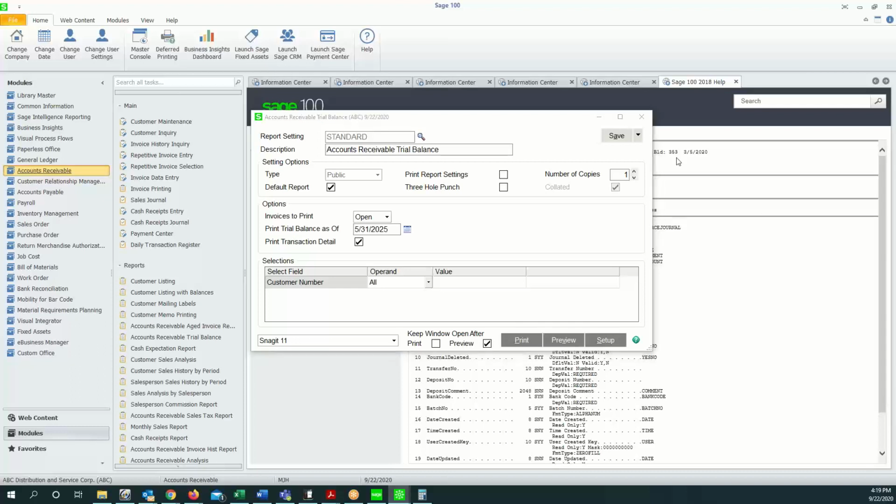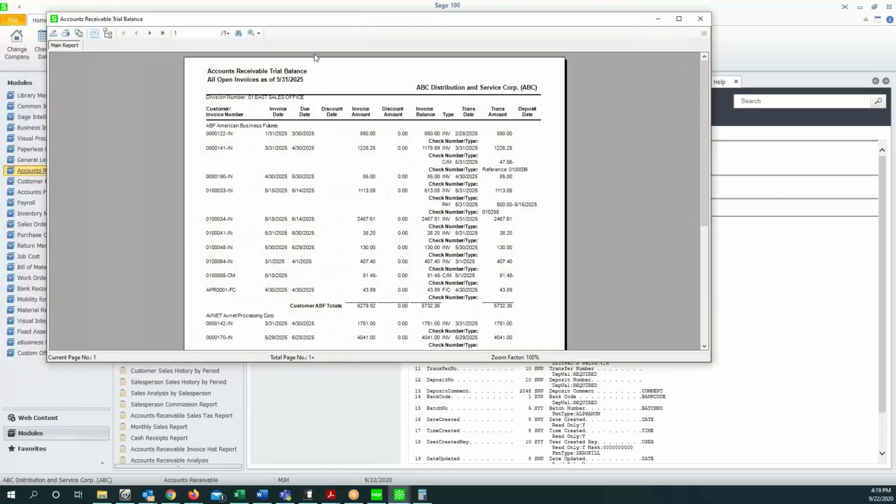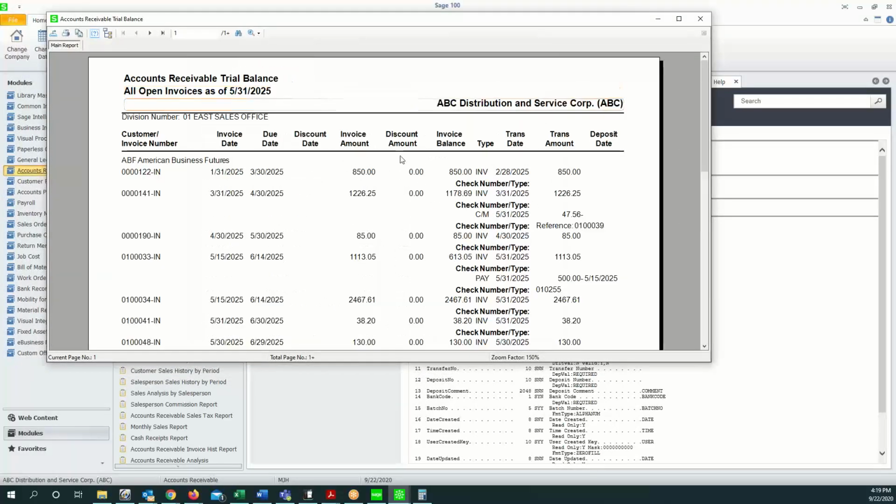It's not arranged like our typical aging categories are, but it is arranged in such a way that we can have visibility into the transactions that affected AR during the course of the month. So as I look through this report, I can see I have an invoice number out here, and I have an invoice amount, and I can see that on 2/28 of 2025, this invoice got posted.